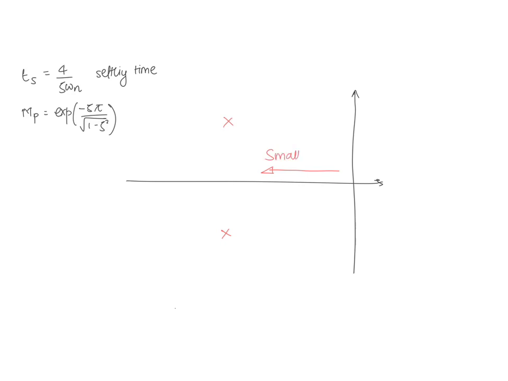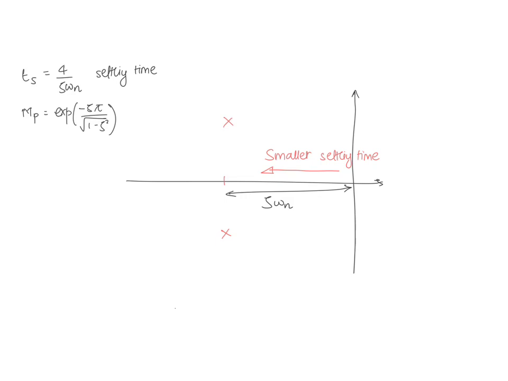Remember I said in the previous plot that this was zeta omega n. So smaller settling time this way. Similarly, we saw that for the peak overshoot, the higher the damping, the lower is the peak overshoot.